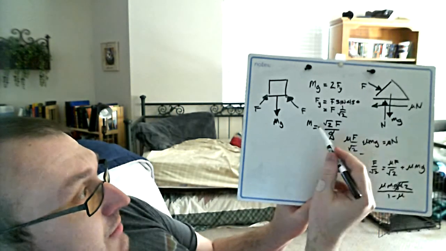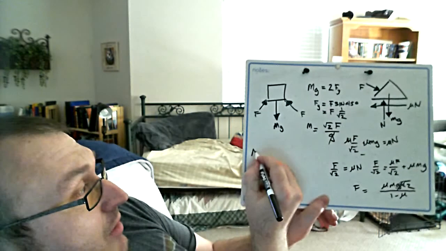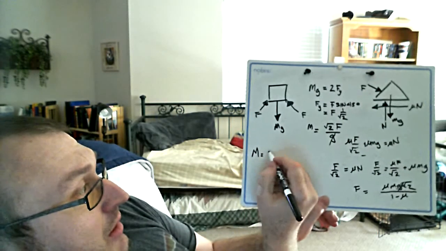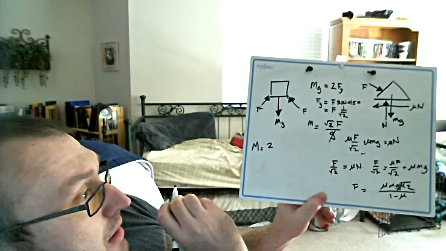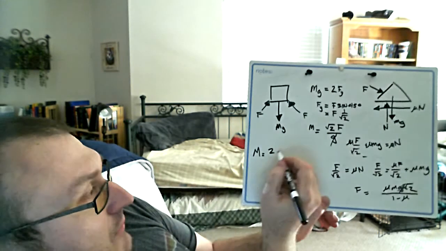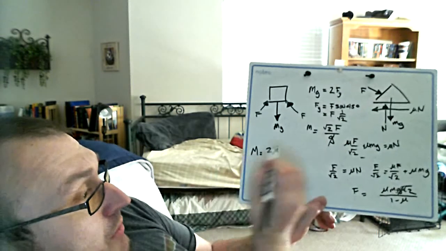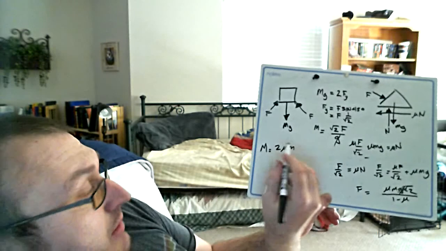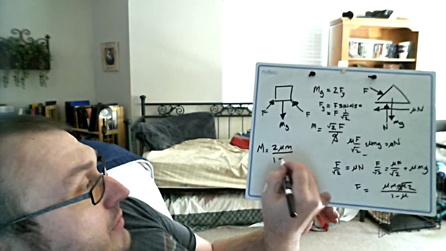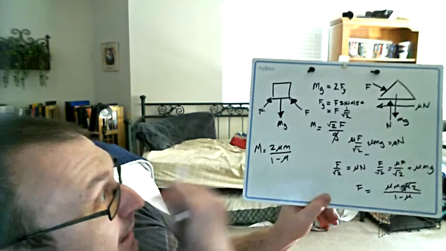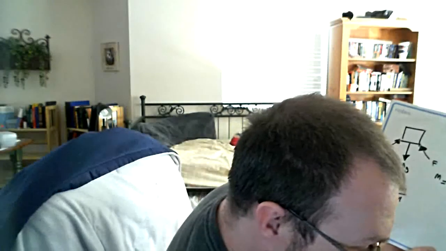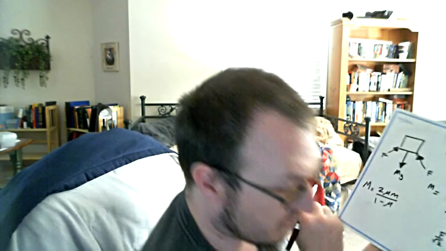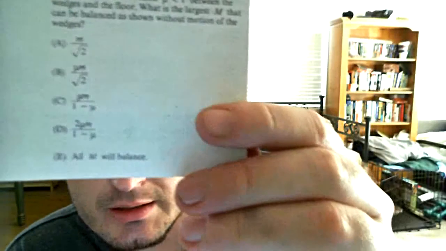The root 2 times the root 2 just gives me a 2, so I write what m equals here. 2 comes out there, and then whatever's left, I write mu m remains on the top and 1 minus mu on the bottom. I think I did that right. 2 mu m over 1 minus mu. Yeah, that's one of our answers. So I would go to answer D, which looks like what I got there.